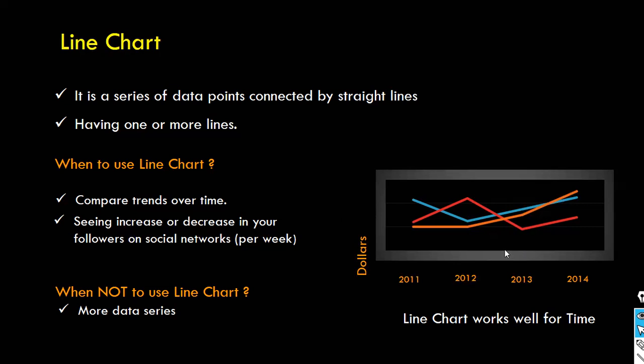With this, you can make out the changes in revenue over the same period of time for more than one group. So here, this is the technology category, this is apparel, and this is electronics. All these three categories, to compare the changes over the same period.